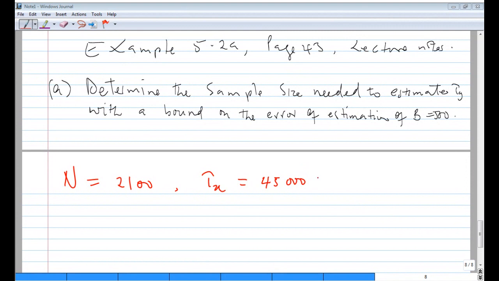Then they want us to determine the sample size for the tau y estimate.